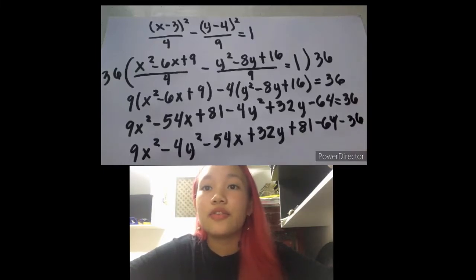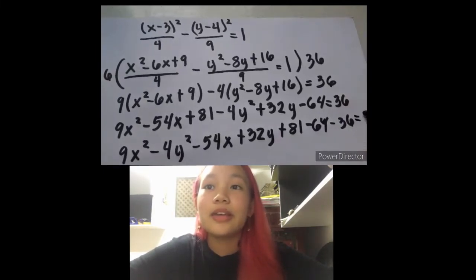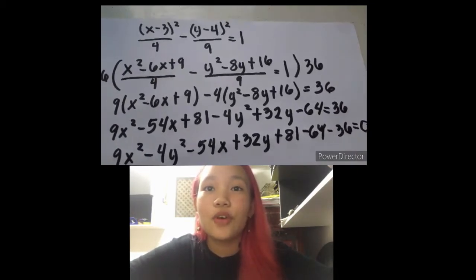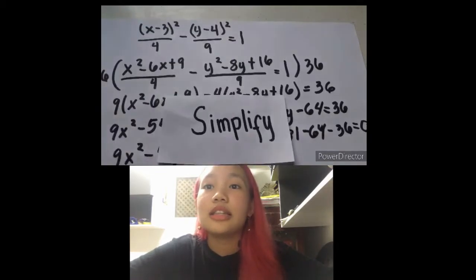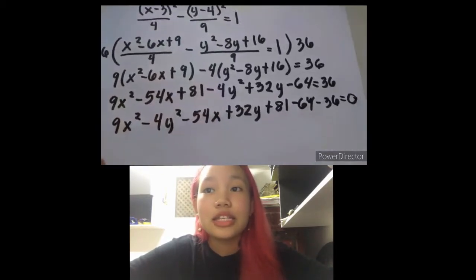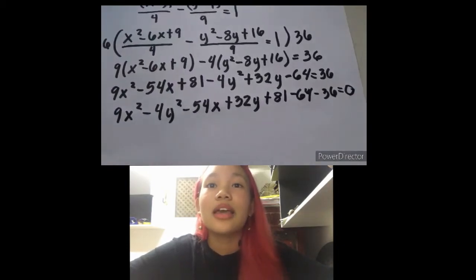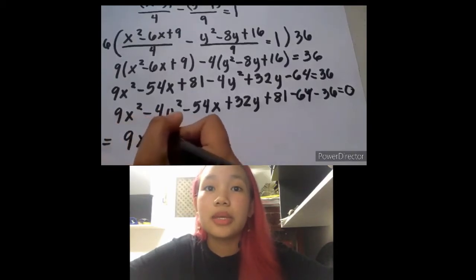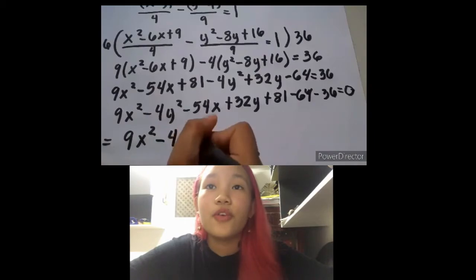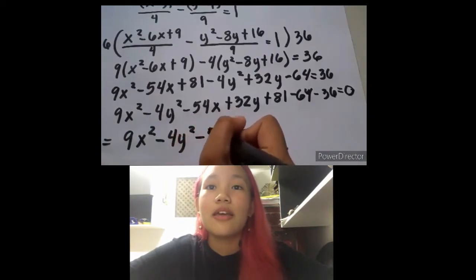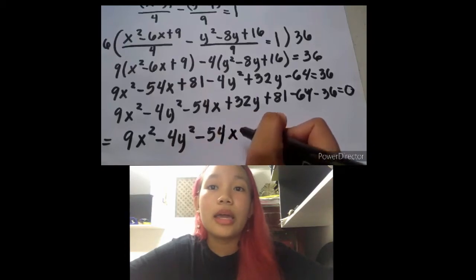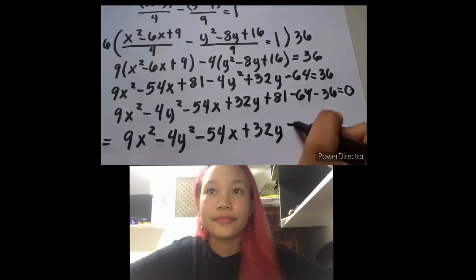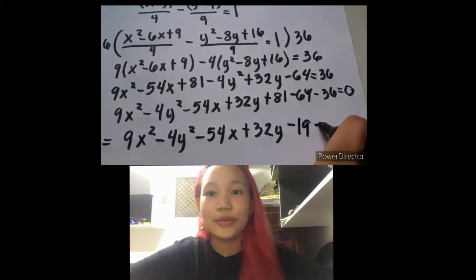Adding all the constants, 81 minus 64 minus 36 gives us negative 19. So our simplified answer is 9x squared minus 4y squared minus 54x plus 32y minus 19 equals 0.